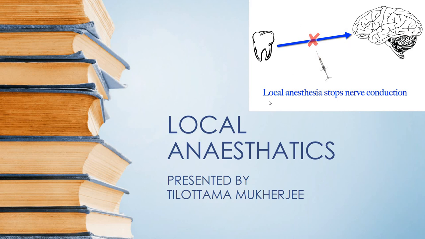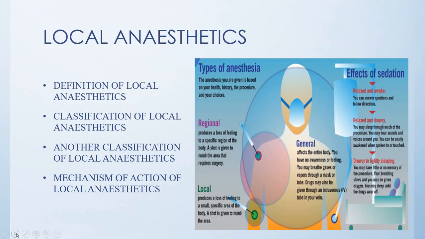And below it is written, local anesthesia stops nerve conduction. That means the local anesthetic provided here stops or blocks the nerve impulse conduction, thereby causing loss of consciousness. So this can be the beginning idea you all can have about local anesthetics.